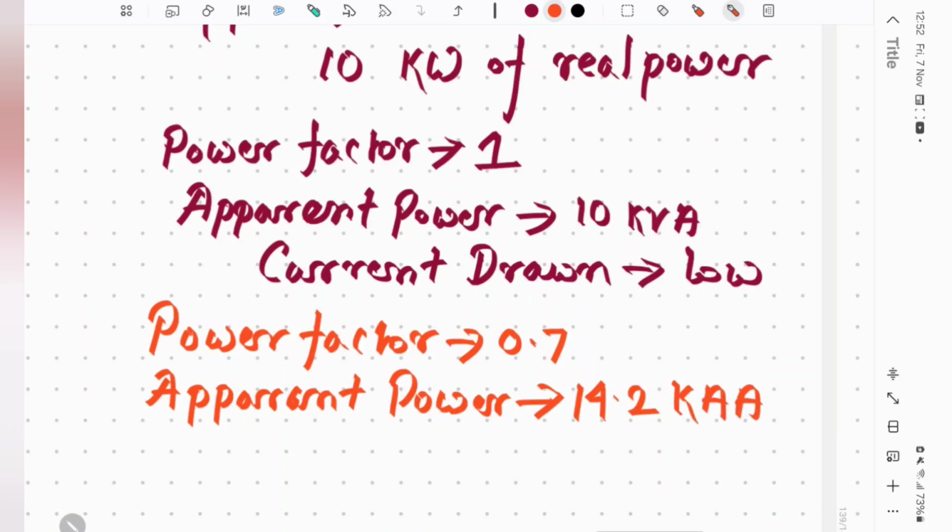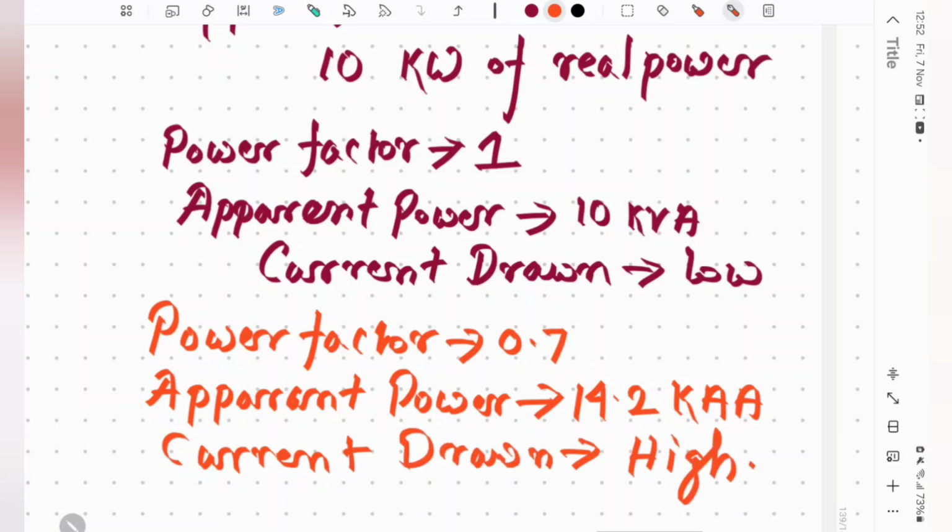From the calculation we can find this out. The current drawn will be high.